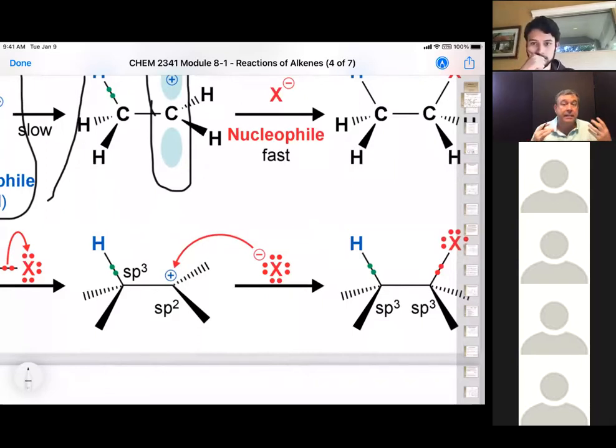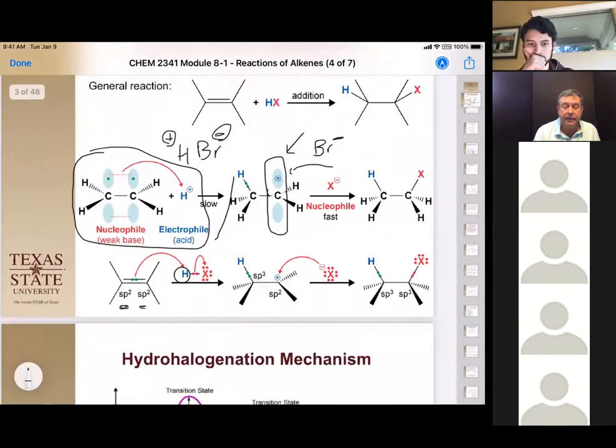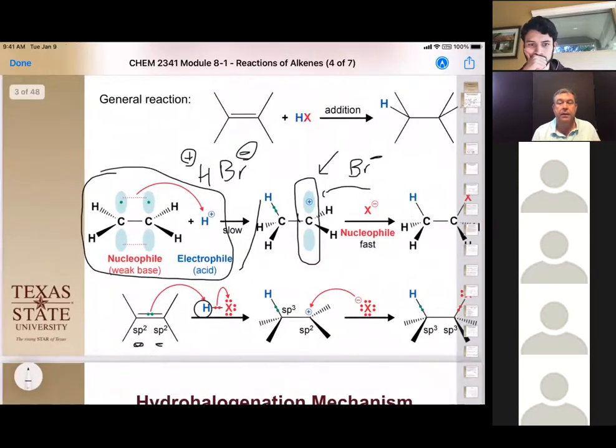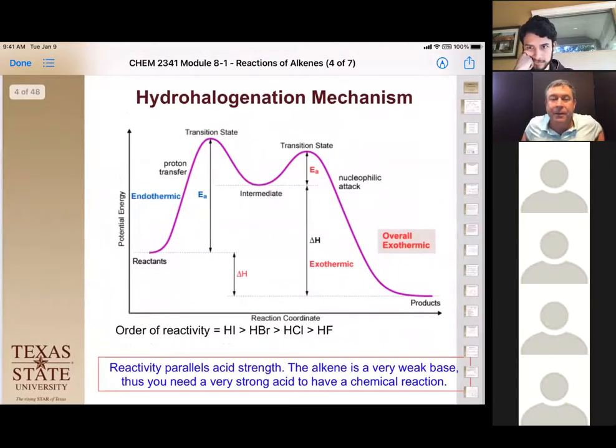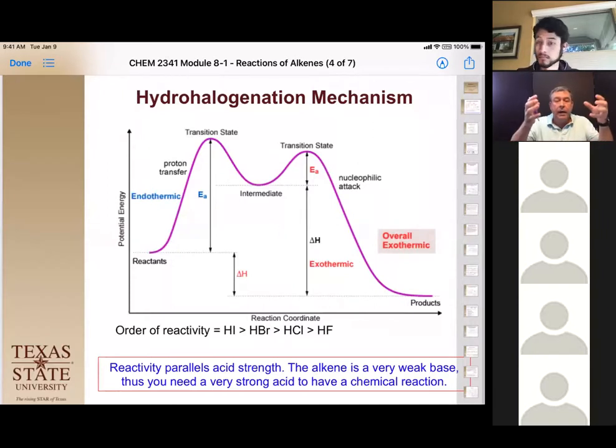All right, so does that make sense right now? Okay, and we're going to see the same thing happen again and again and again. So getting this general concept down is really important. Okay, so let's go through the mechanism step by step, because we love doing mechanisms and reaction diagrams, right? Because they tell us what's happening. So the first step of the reaction is trying to create that new transition state, which is having your electrons from your double bond reach out and grab the positive side of your HI or your acid, right?